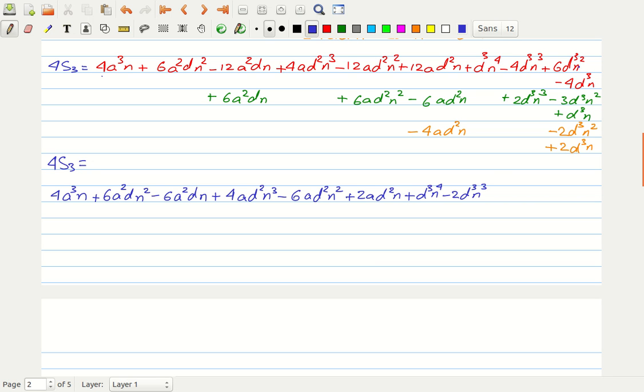Now d cube n square: plus 6 minus 3 minus 2, so you will have plus d cube n square, right?